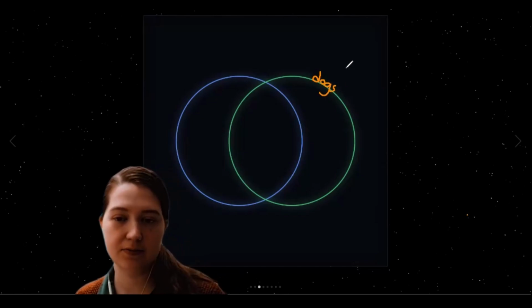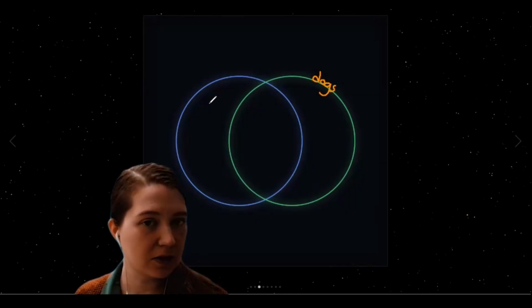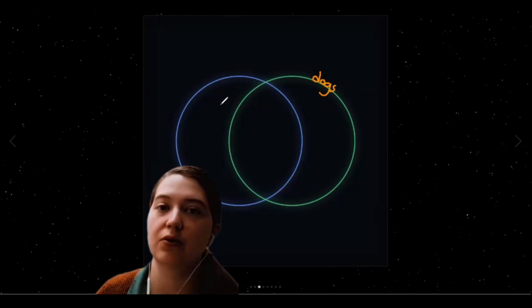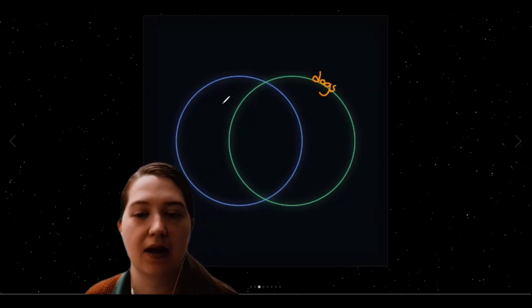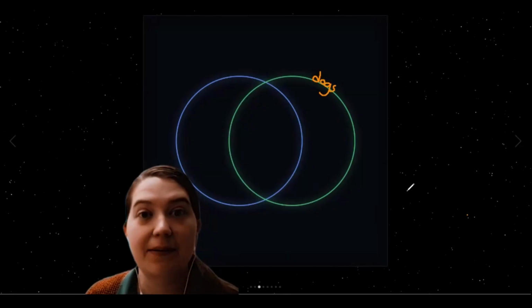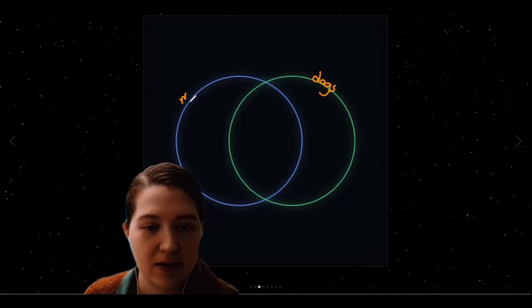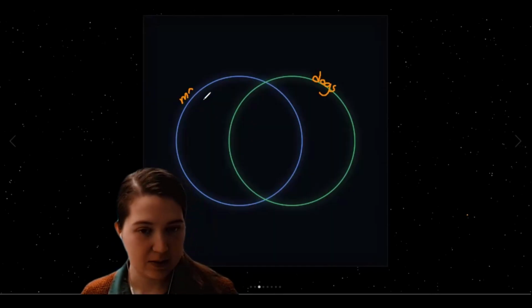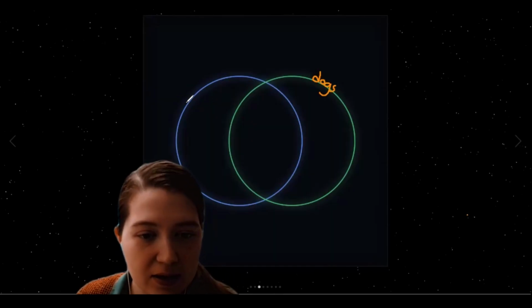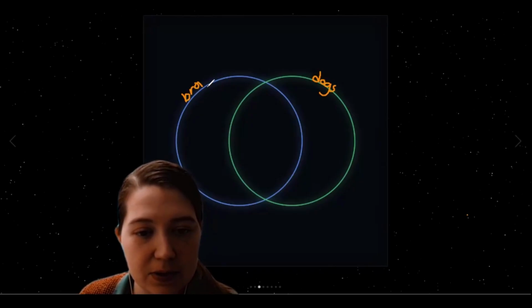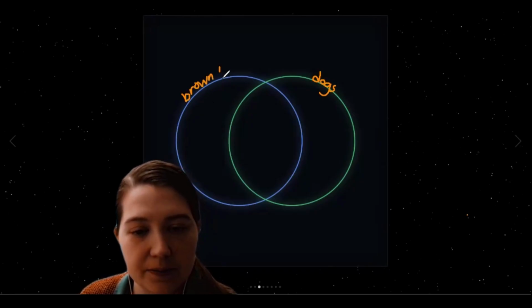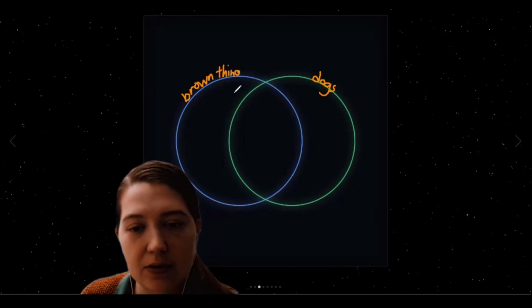So I still have my dogs category, but I also have another category that I want to be able to place objects in. My other category can be anything that you like. I'll make one that I'll do the set of brown things for this blue circle. So I now have two categories.